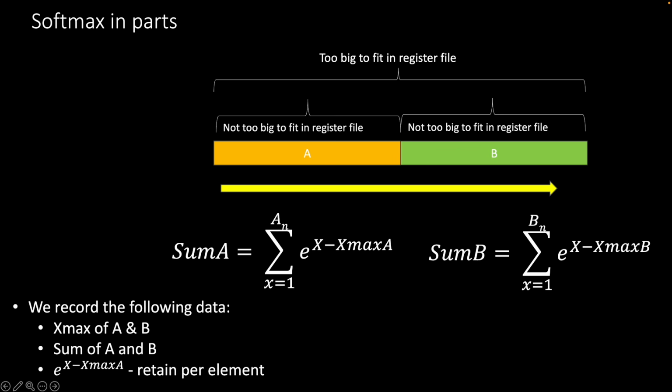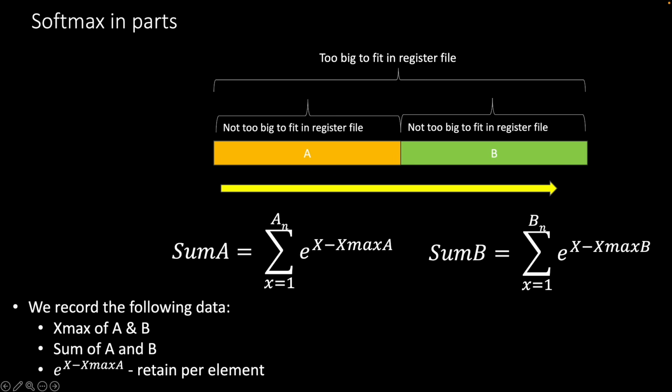So we will be dividing the series into tiles that do fit inside the register file. In this case, we are tiling our series into 2 subtiles, A and B, that do fit inside the register file.